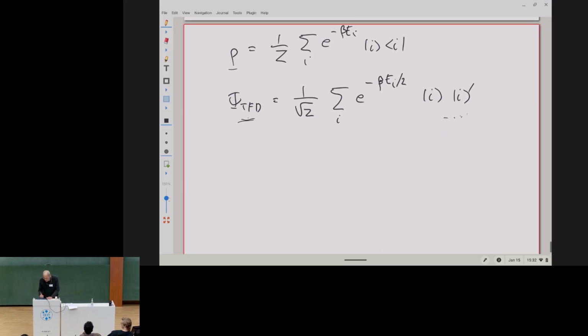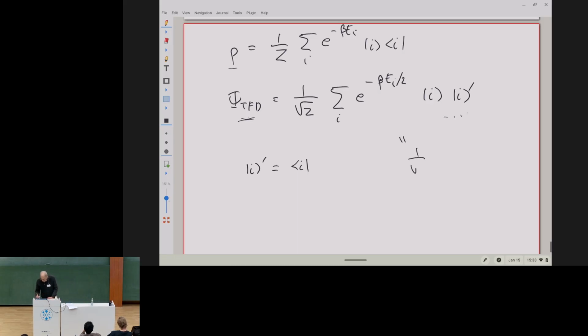If we want to regard psi as an operator rather than a state, the definition of the complex conjugate of a vector space is just that a ket in one space is a bra in the other space. So, as an operator, this is 1 over the square root of z times the sum of e to the minus beta ei over 2 times the projector onto I. And so it's rho to the 1/2.